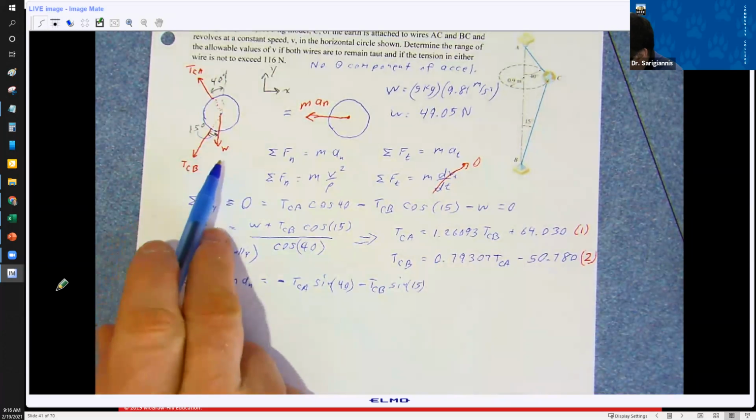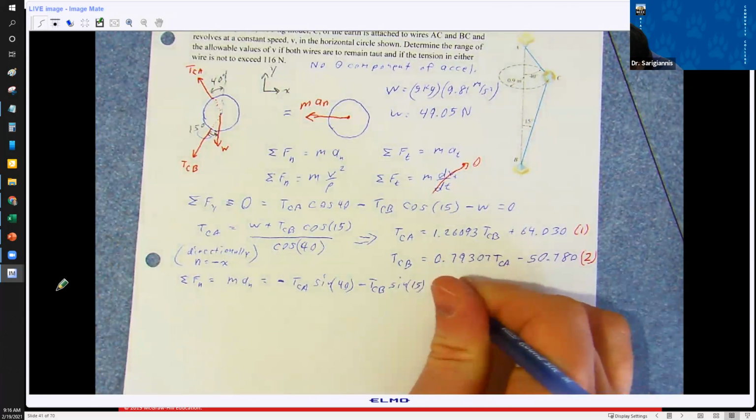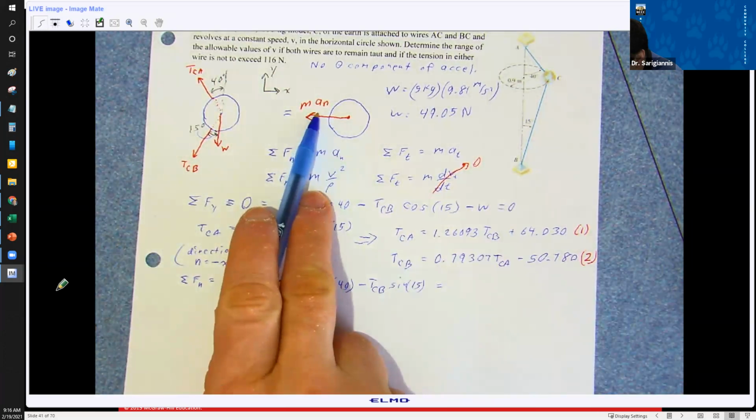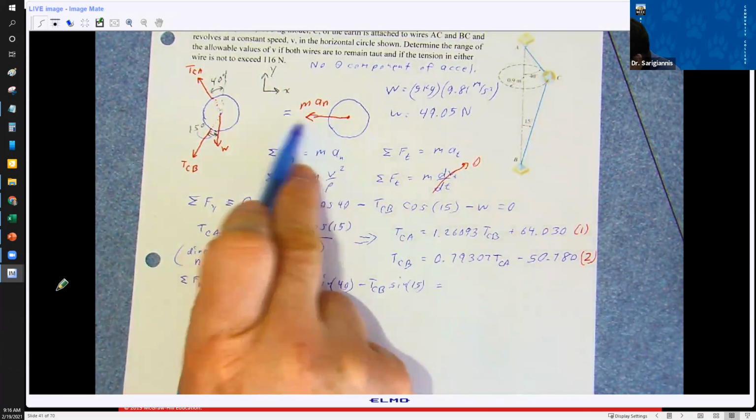The weight does not have an x component or a normal component, but we do have equal to mass times normal acceleration.